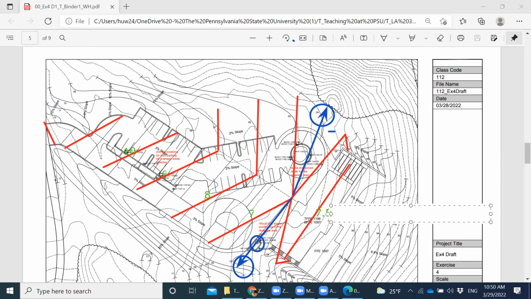Now, this is 11, and that is 13, and I think we would be able to make it work by having another 12 in between.